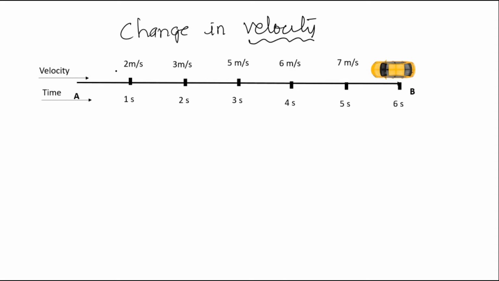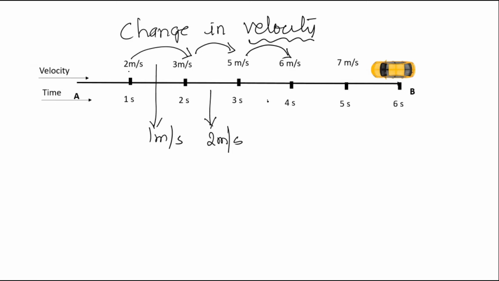Now see, initially it was 2 meter per second, then it became 3 meter per second. How much has changed? 1 meter per second. Now from 3 meter per second we have 5 meter per second. How much velocity has changed? 2 meter per second. From 5 to 6, again 1 meter per second.